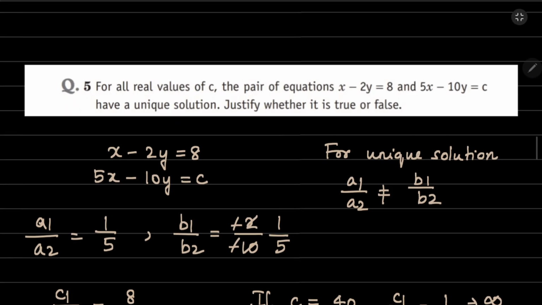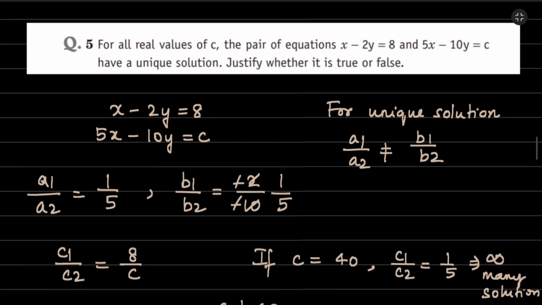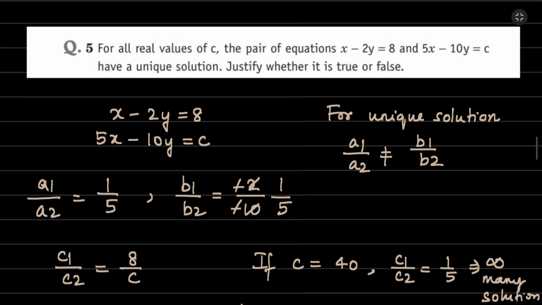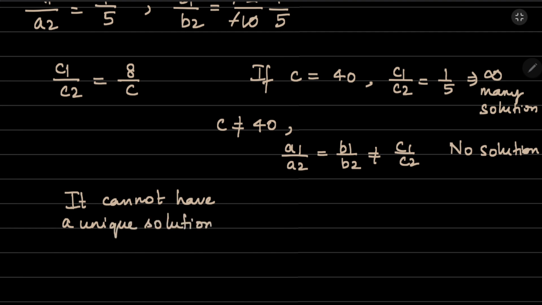So what is given? For all real values of C, the pair of equations have unique solution. Is it so? Is it that for all values of C, it has a unique solution? No. Therefore, it cannot have a unique solution, because here a1 by a2 is equal to b1 by b2.